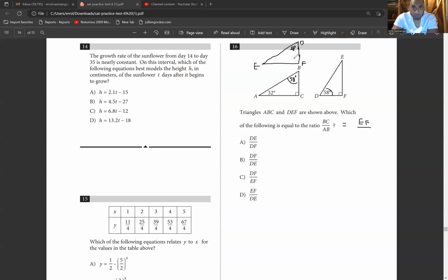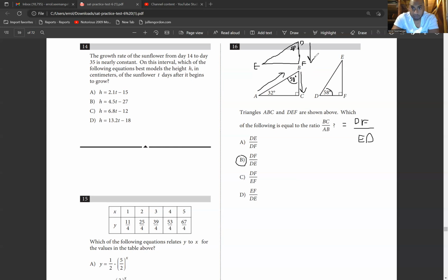So which one is the ratio? It would be BC over AB, which is DF over DE, yes. BC is that one. AB is that one. So same order.